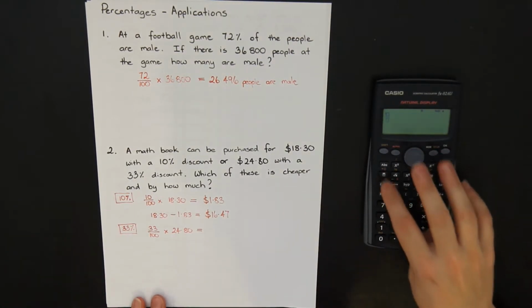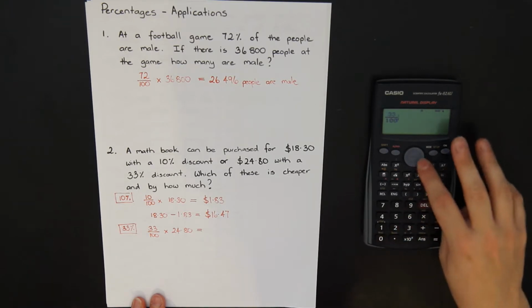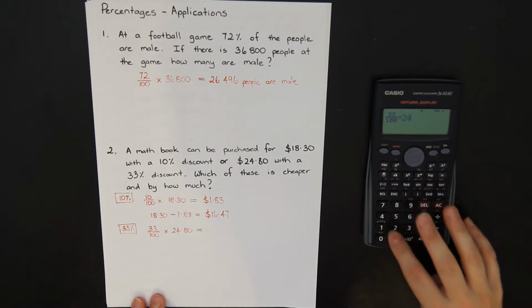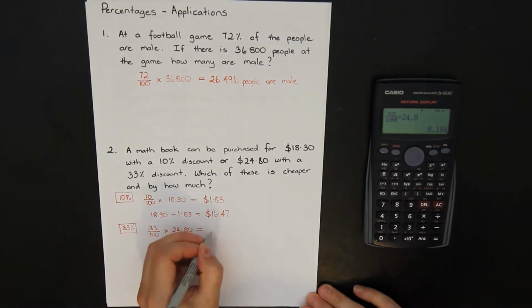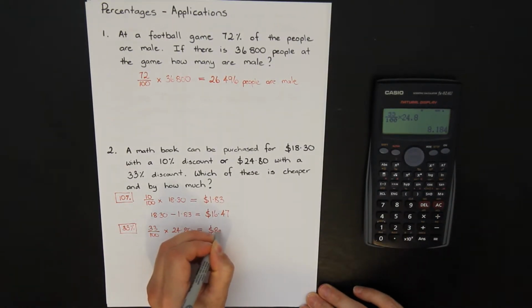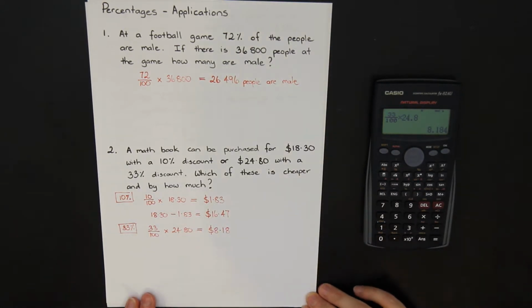Type that in our calculator. 33 over 100 times by $24.80 means we get a discount of $8. Because we're doing money, we'll do 2 decimal places, 8.18.